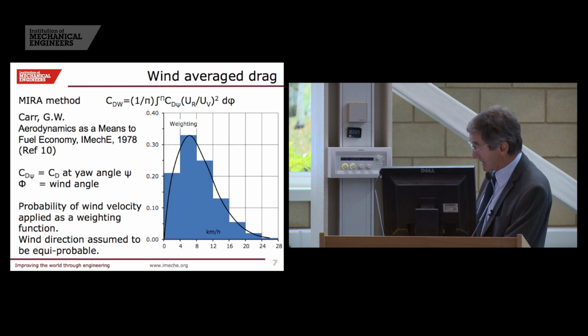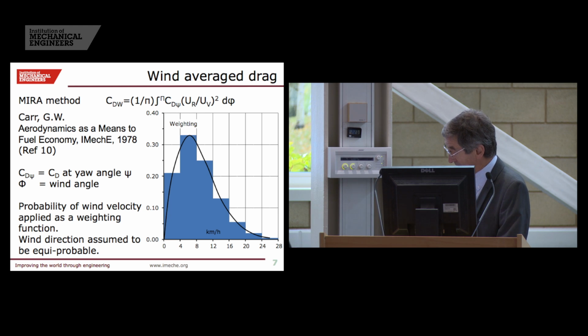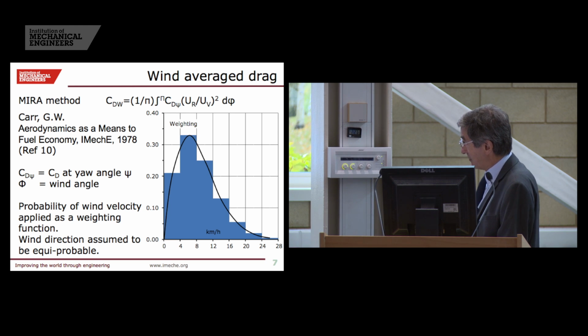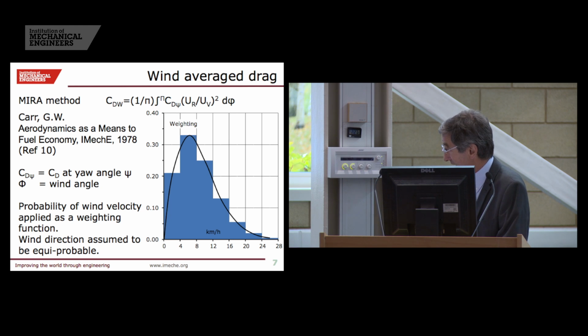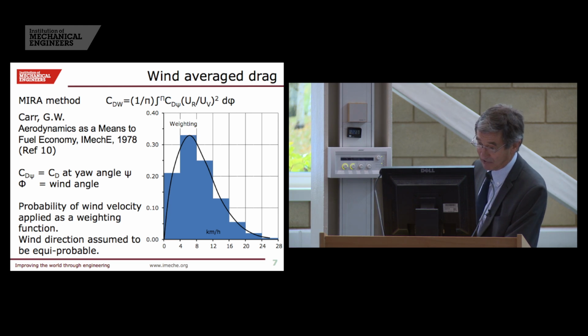And in order to generate the different wind velocities that we deal with, we use a weighting function to define the probability of a particular wind velocity, and as Steve's already said, we assume that the wind direction can be from anywhere between plus or minus 180 degrees.